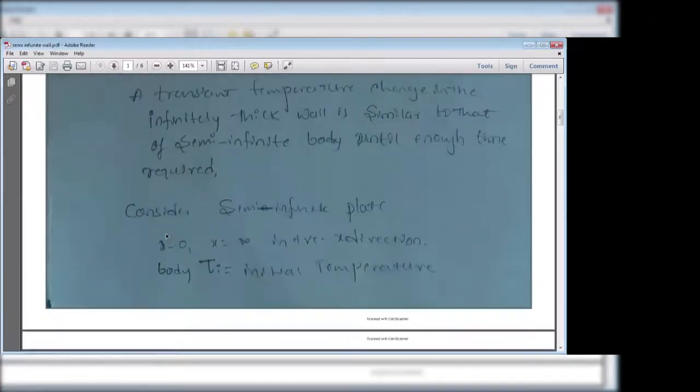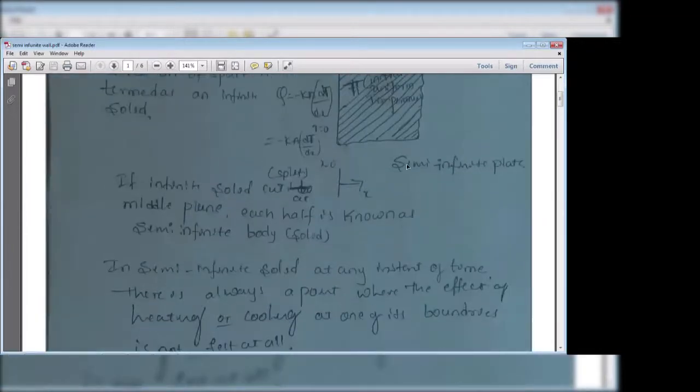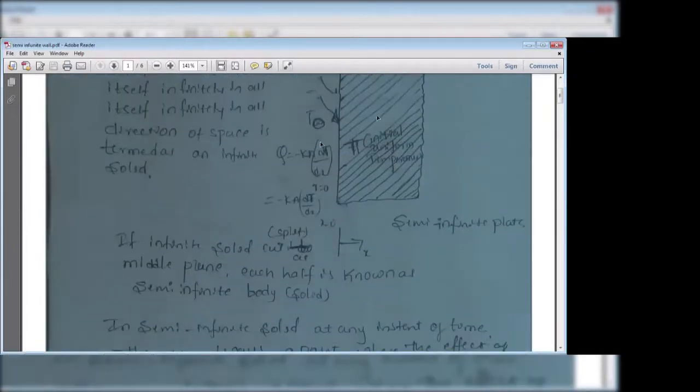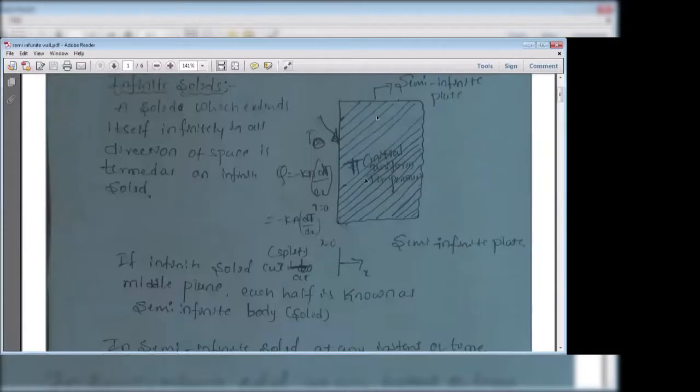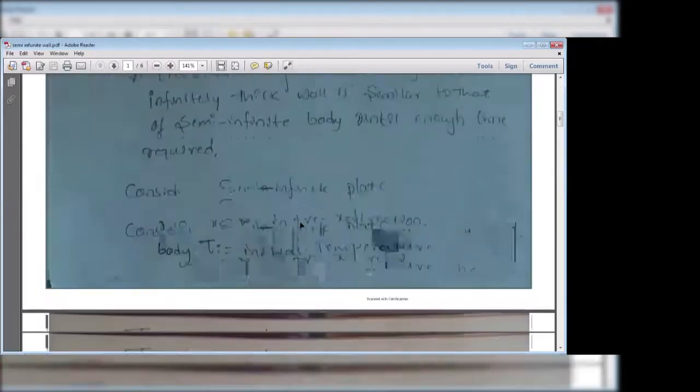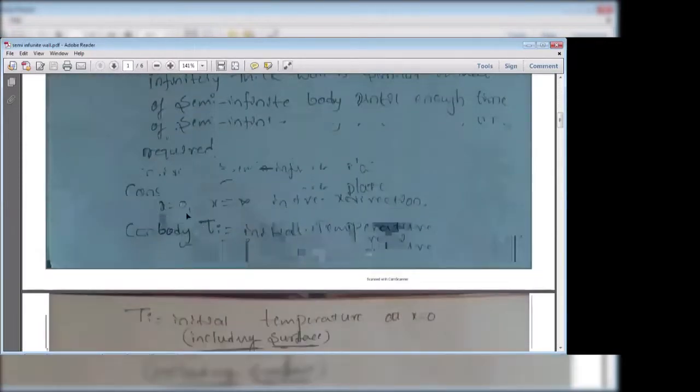Considering the semi-infinite plate, T naught is the surface temperature, and Ti is the initial uniform temperature of the semi-infinite body. Here x equals 0 is the surface, and x goes to infinity only in the positive x direction.